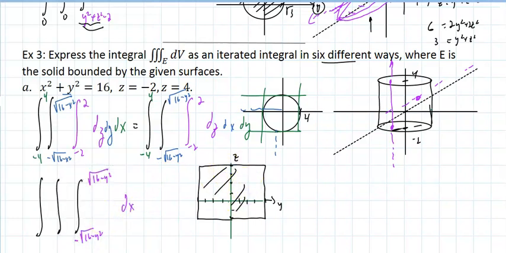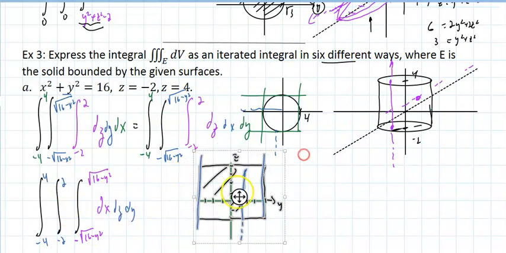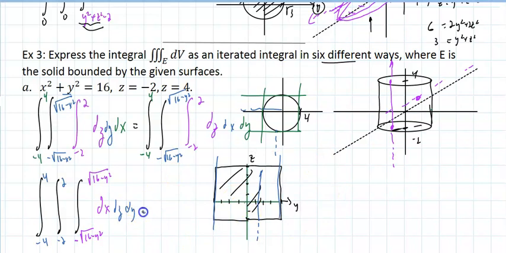Can't I say, let y run from y equal negative 4 to y equal 4, and z runs from negative 2 to 2? Or, the same thing, with x from negative square root of 16 minus y squared to square root of 16 minus y squared, dx still.